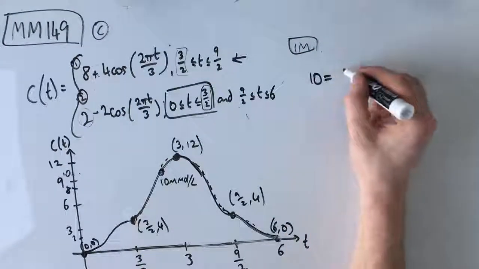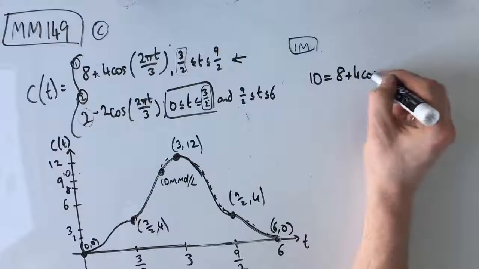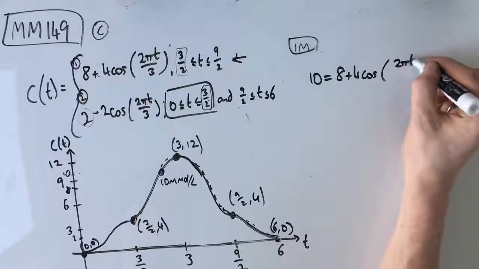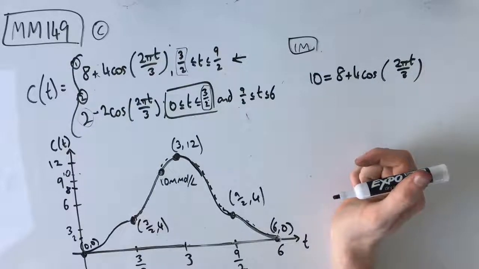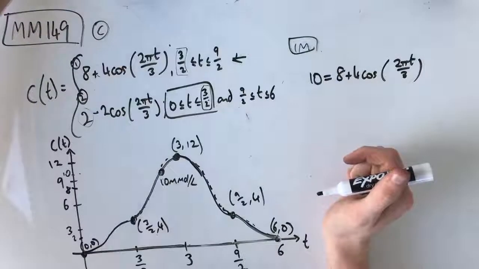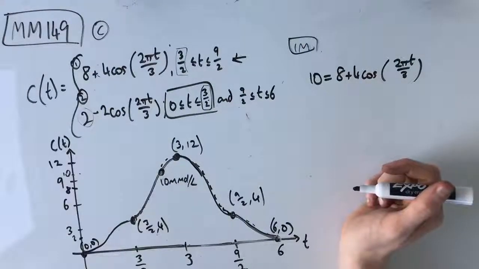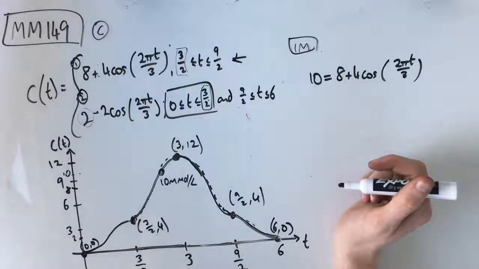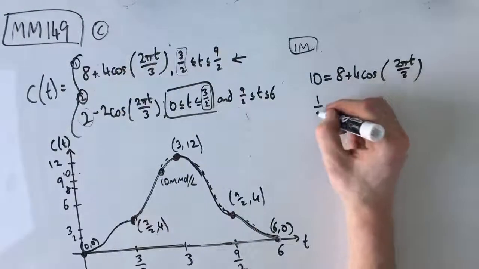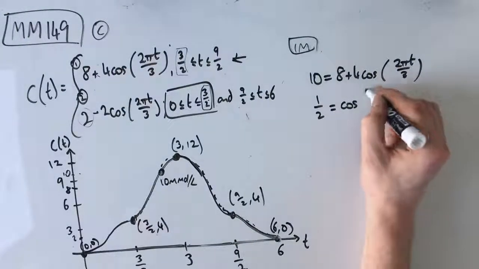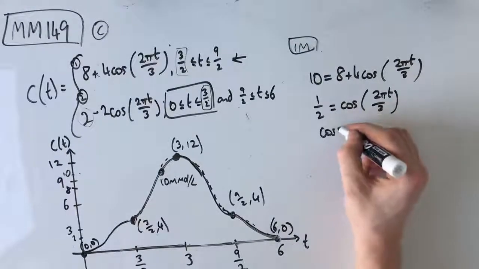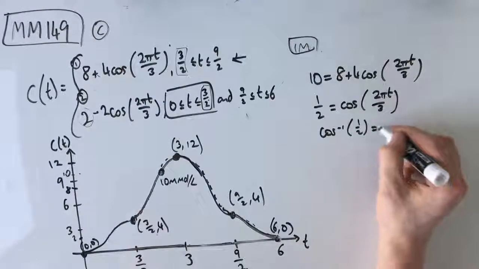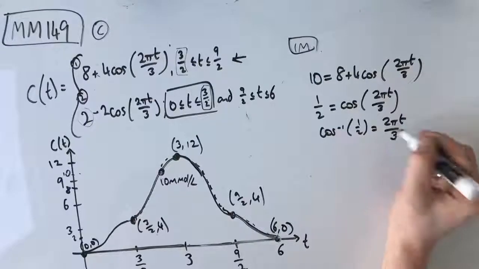So that means that 10 is equal to 8 plus 4 cos 2 pi t over 3, and we basically just need to solve for t. So from here, we can see that 1/2 is equal to cos 2 pi t over 3, which means that inverse cos of 1/2 is equal to 2 pi t over 3.